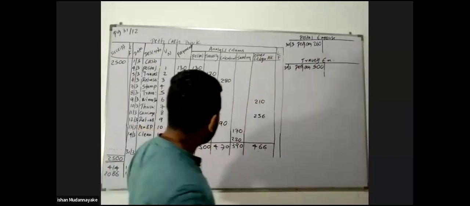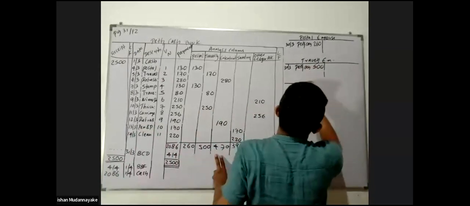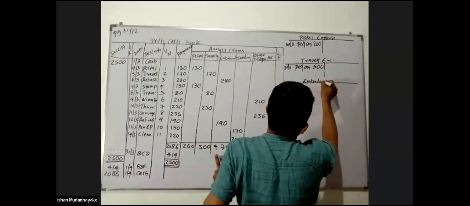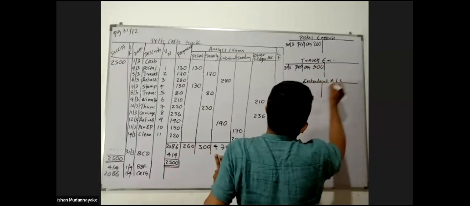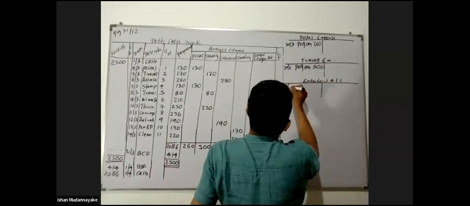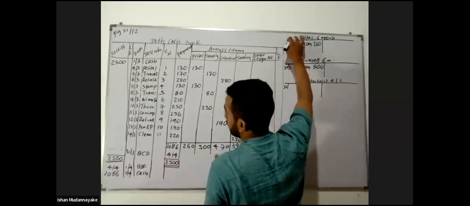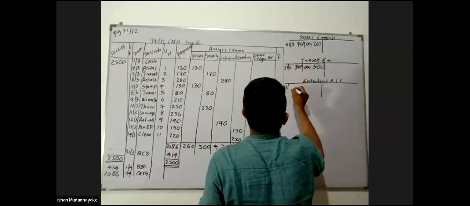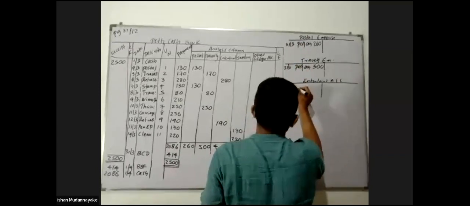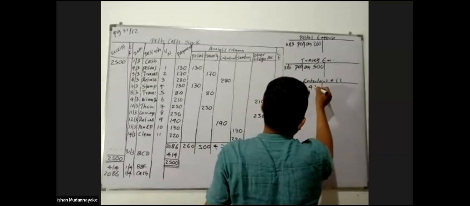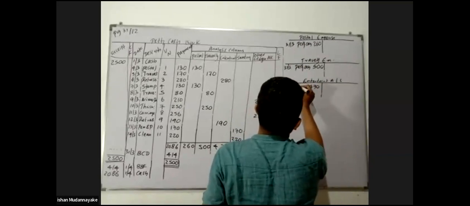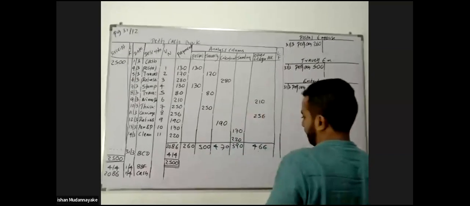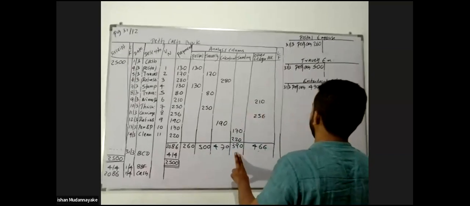And then the entertainment account, same. 31st March, entertainment account debit 470, petty cash 470.